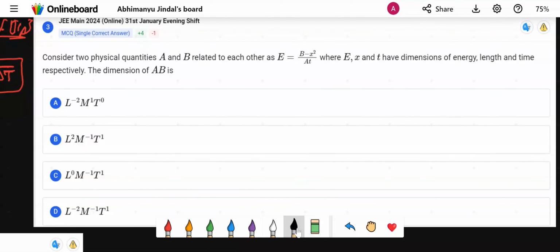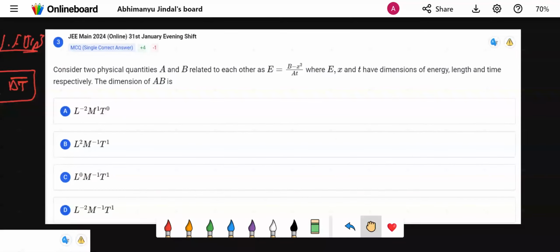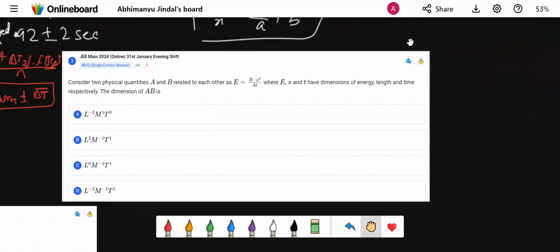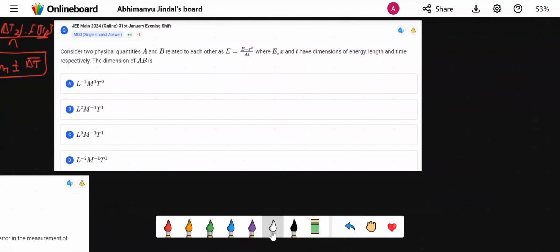Now let's go here. So consider two physical quantities A and B related to each other as E equals B minus x squared by AT, where E, x, and T have dimensions of energy, length, and time. Not that complicated, but we can do it even if you're a newbie. So the dimensions of AB are. To solve this question, I'm going to use our rules which we did before.